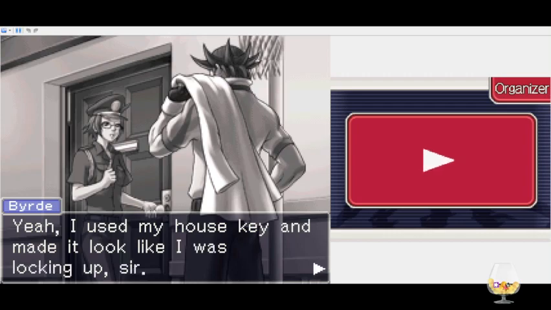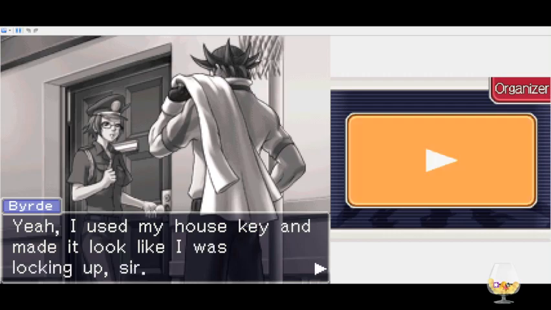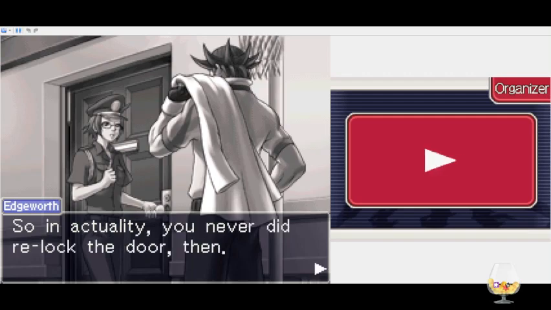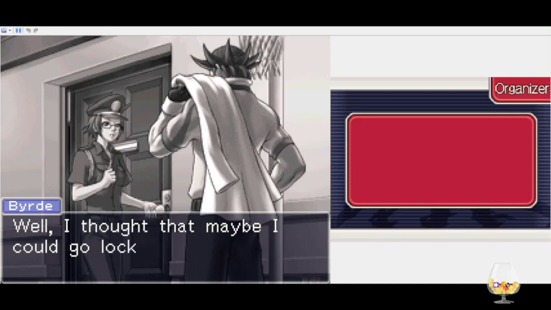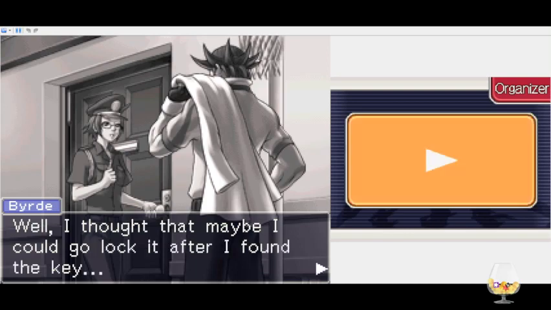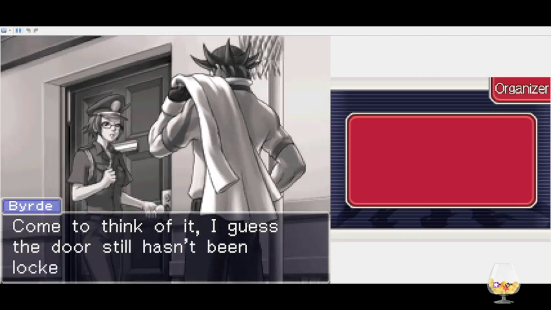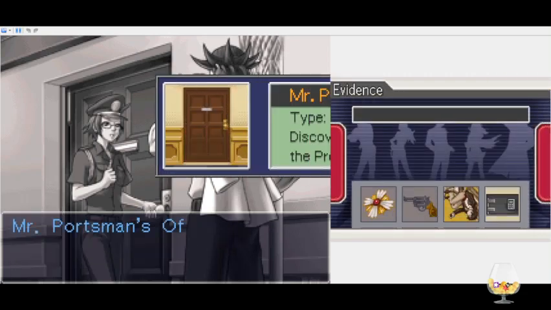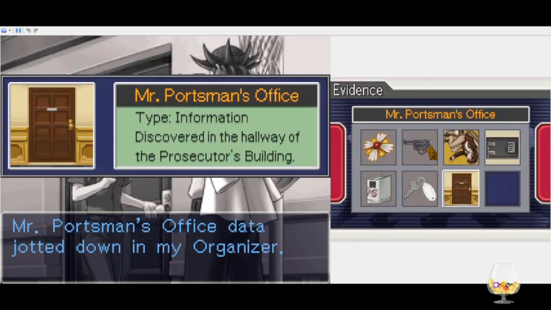Yeah, I used my house key and made it look like I was locking up, sir. So in actuality, you never did relock the door then? Well, I thought that maybe I could go lock it after I found the key. Come to think of it, I guess the door still hasn't been locked properly. So it's not locked and we can go in.